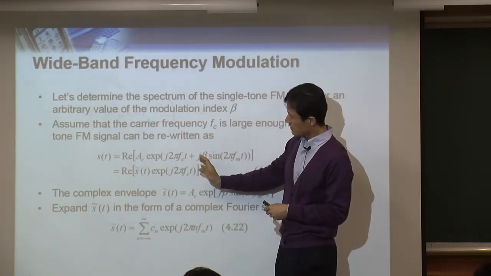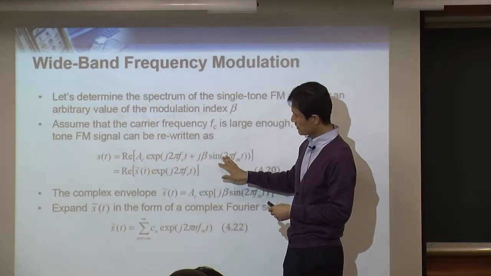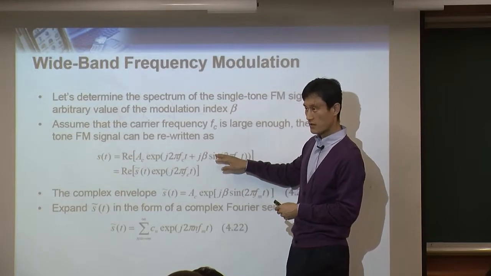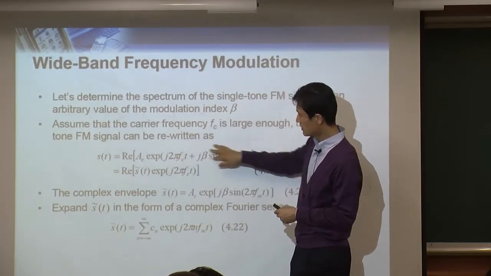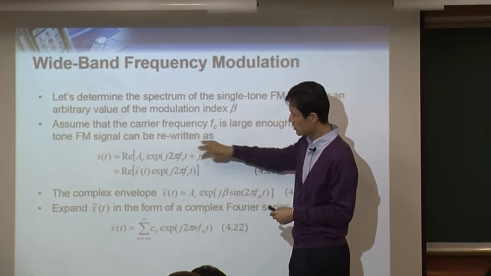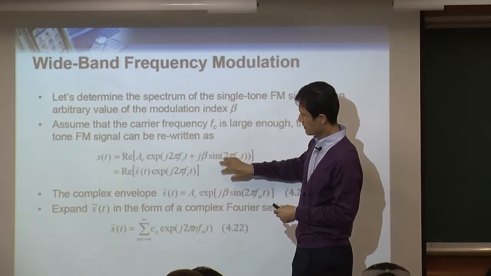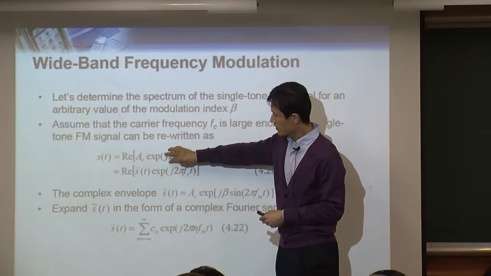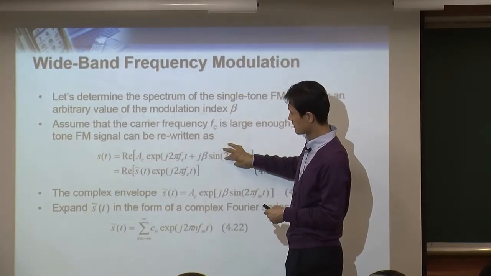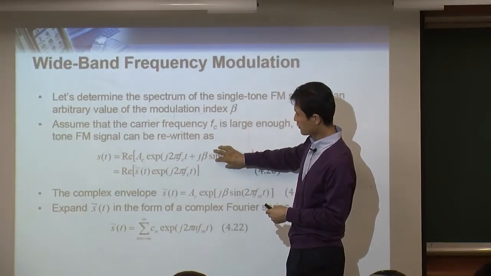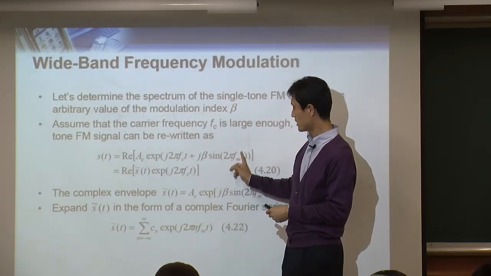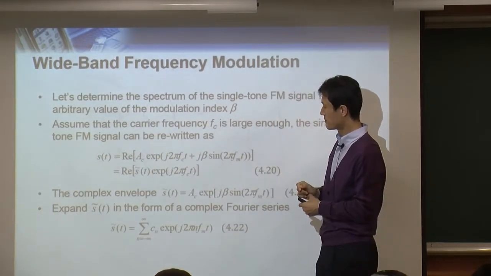Once you do that, it is an exponential of something plus some other thing. Therefore, we can rewrite this as a multiplication of two exponentials, right? Since we have a multiplication of two exponentials, we want to put the second one onto the front, because this one is a function of fn.